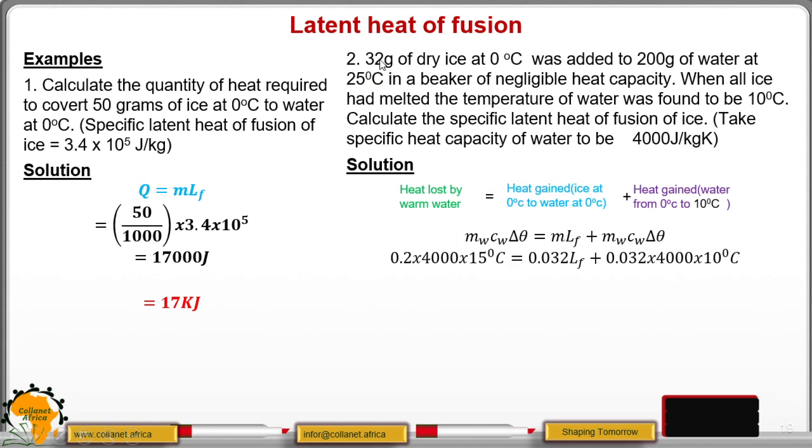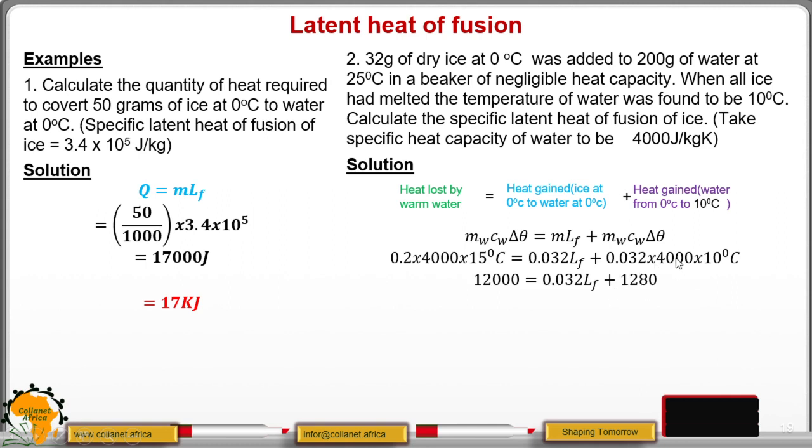Then you come to get the mass of ice, that is 32 divided by 1,000 to get 0.032 kilogram. Then multiplied by the specific latent heat of fusion, LF, plus that melted water, 0.032, multiplied by specific heat capacity of water, multiplied by the change in temperature. Remember, it was coming from 0 to the final temperature, so the change in temperature is 10 degrees.